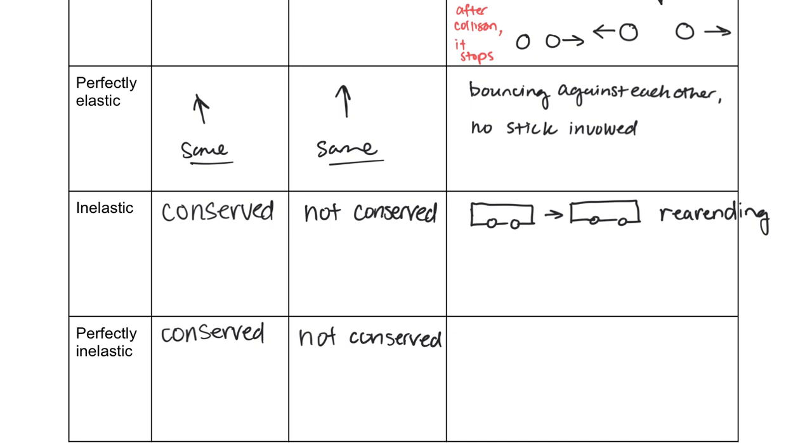So whenever you rear end someone, usually after the rear ending, do you continue moving? Yes, you're gonna move a little bit. Maybe not as fast as before, but you're still gonna keep moving. Is the other person gonna move? Yeah, they're gonna move too, right?